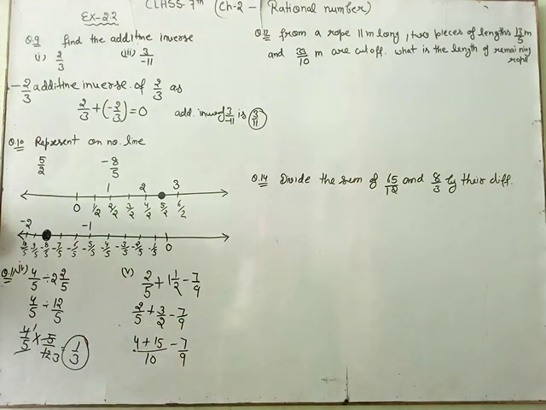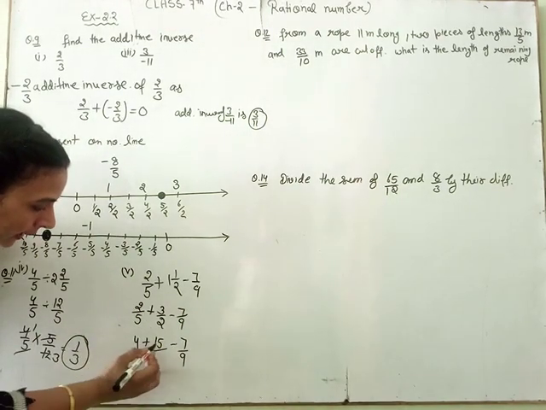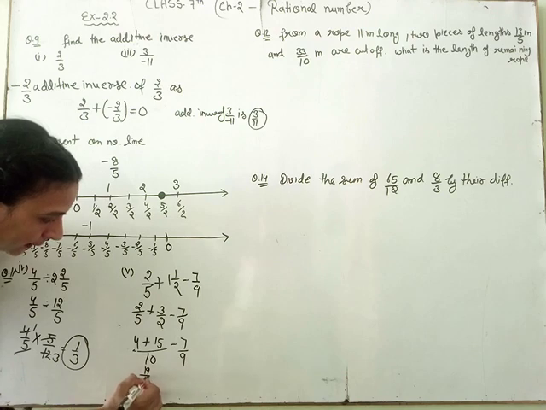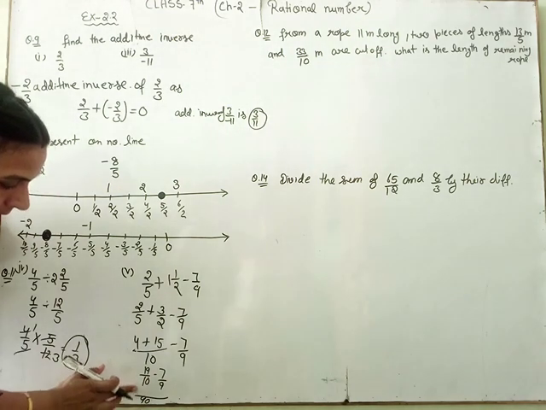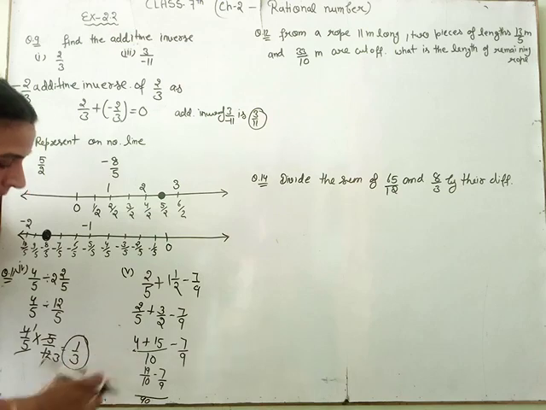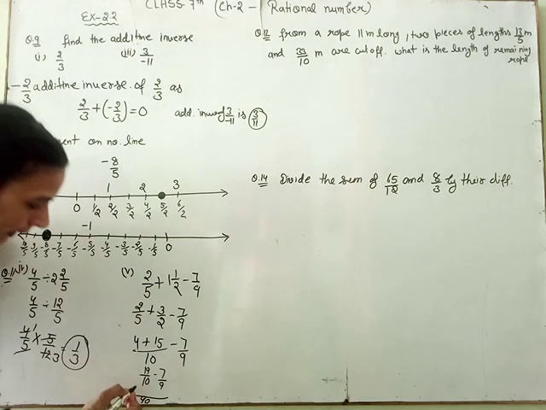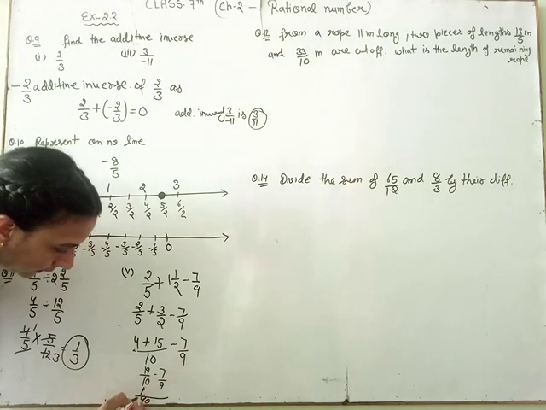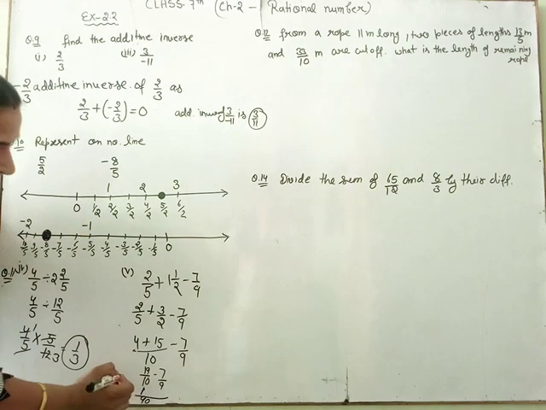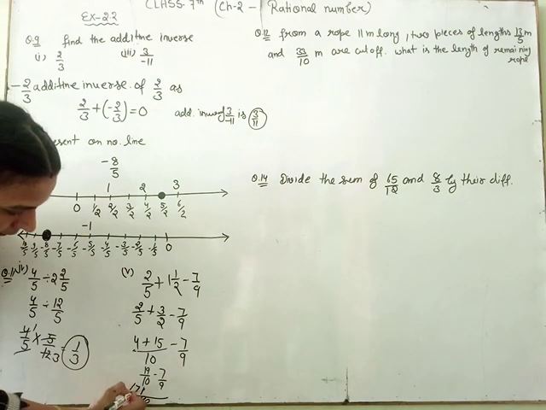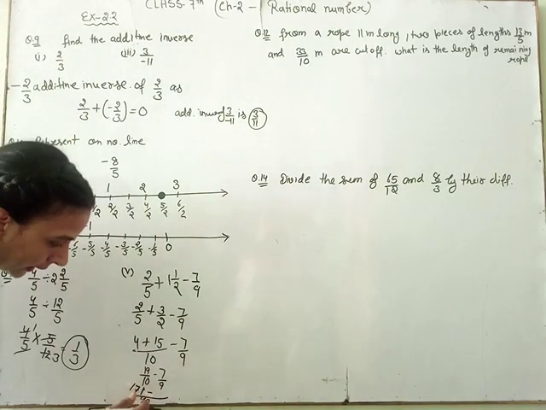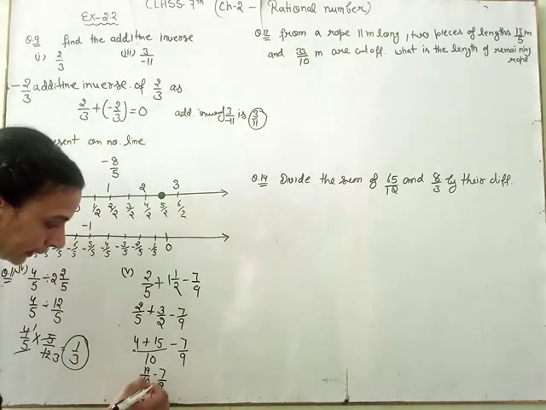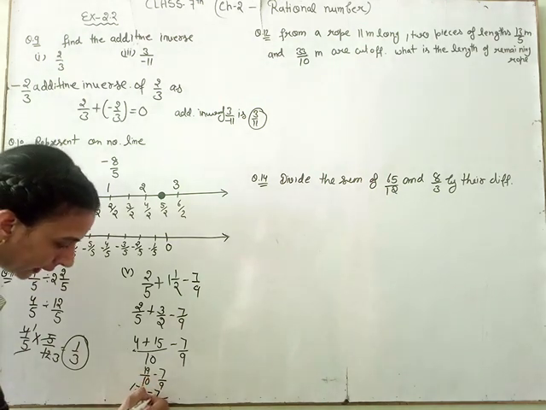After that, minus 4 plus 15 is 11 by 10, minus 7 by 9. Now we find 90, the LCM. 90 divided by 10 is 9, 9 multiplied by 11 is 99. Then minus 90 divided by 9 is 10, and 10 multiplied by 7 is 70.